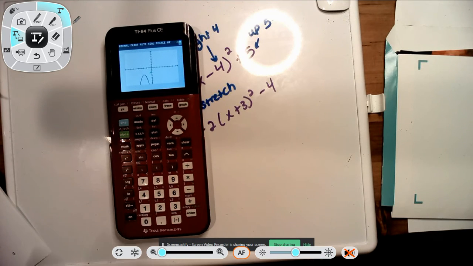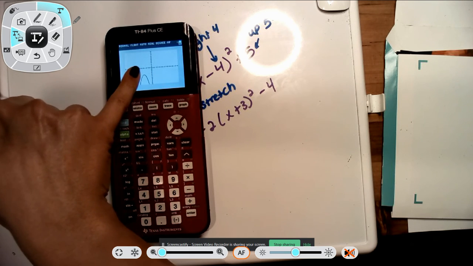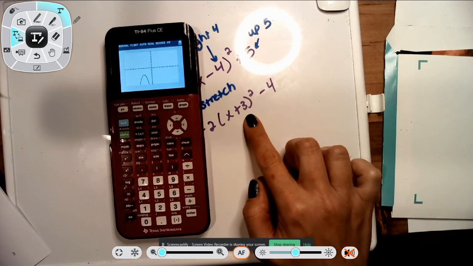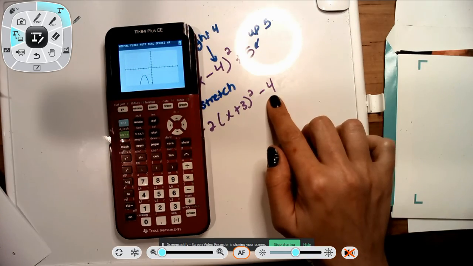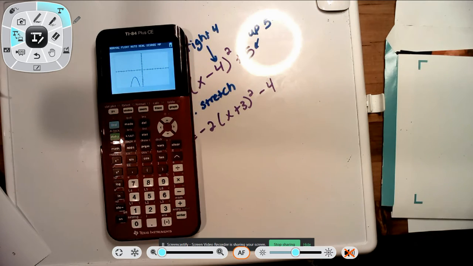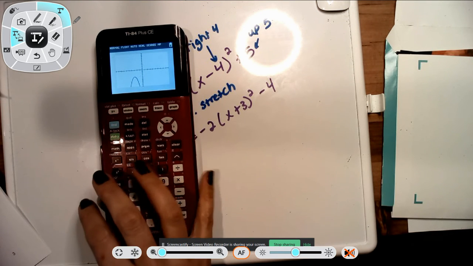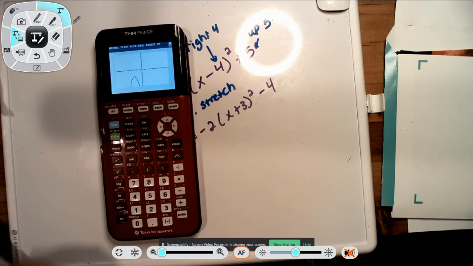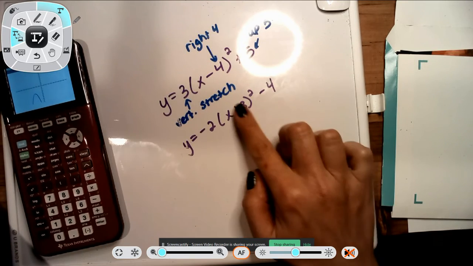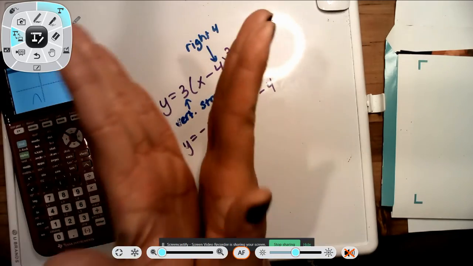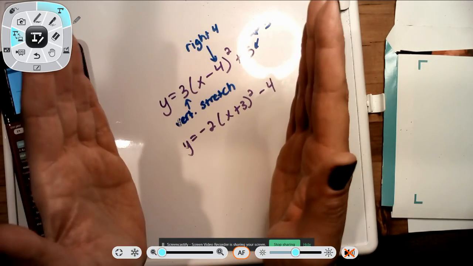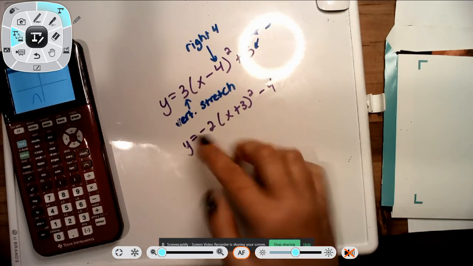You will notice that it moved my graph left 3. Okay, that's that positive 3. Down 4. Okay, that's my minus 4. And then the negative in front actually flipped my graph upside down. So that's what a negative value does. Okay, so you've got your left, right, up, down. Your a value tells you how narrow your graph is going to be or how wide it's going to be. And then if it's negative, it's going to flip it.